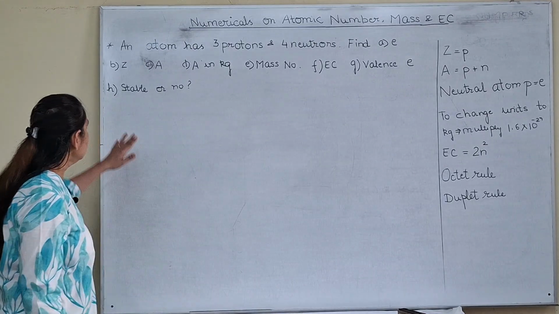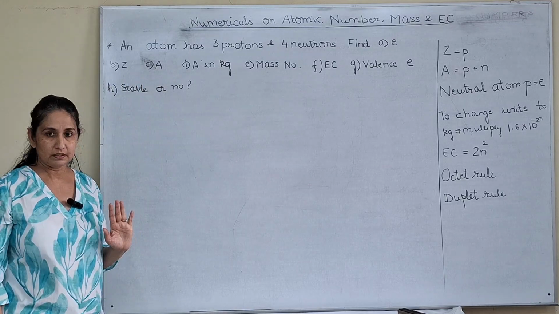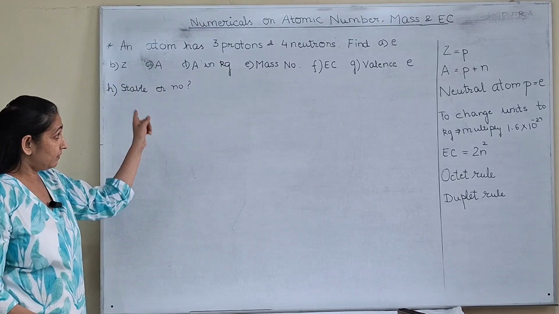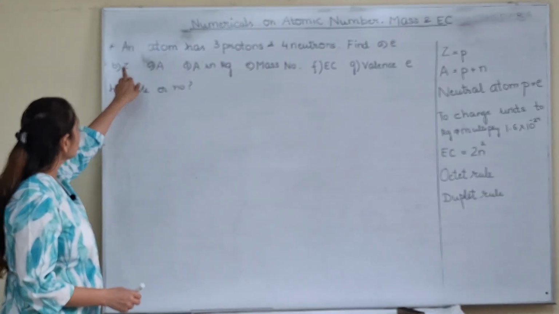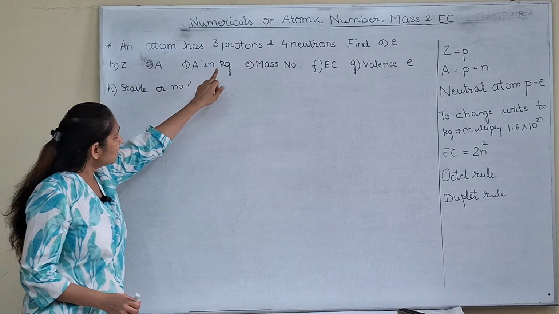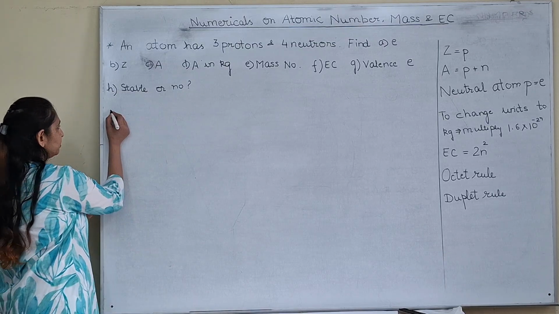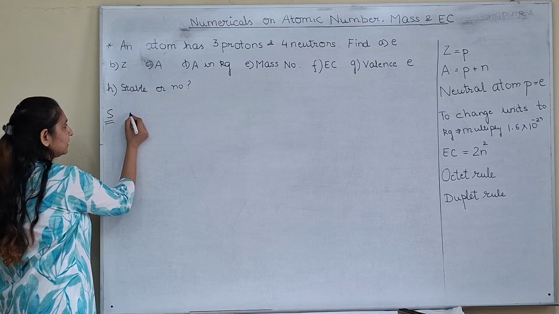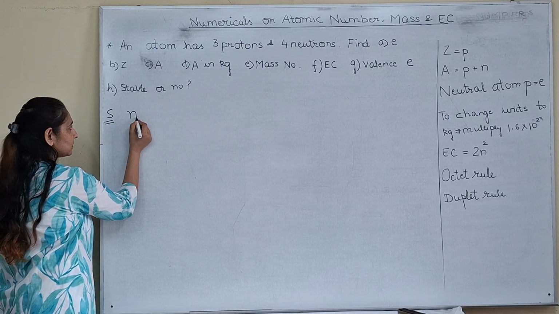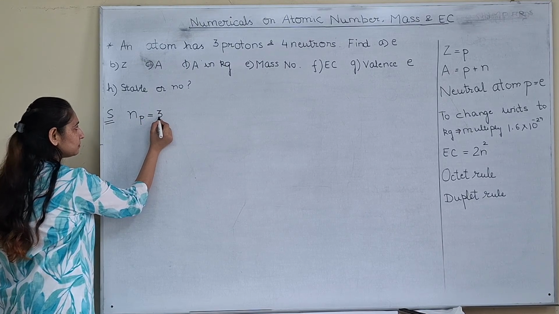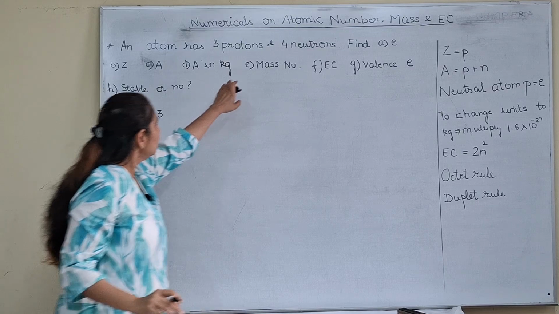रिकैप होने के बाद let's do this question. We'll read slowly, write everything that we know, and keep finding. An atom has 3 protons. So let's write. So the solution may be, number of protons is equal to 3. Okay.